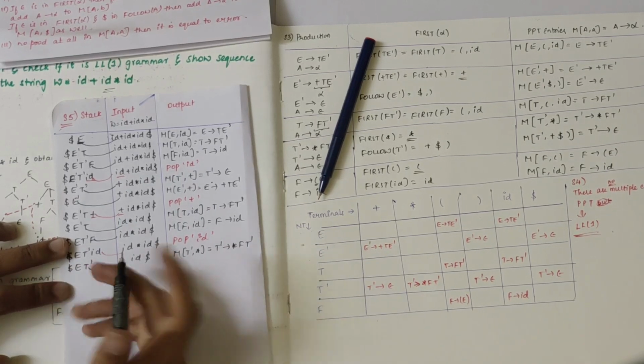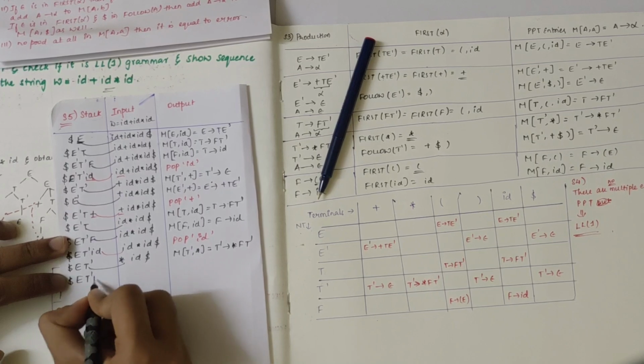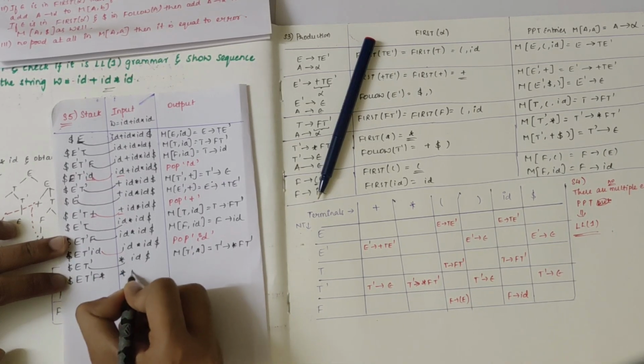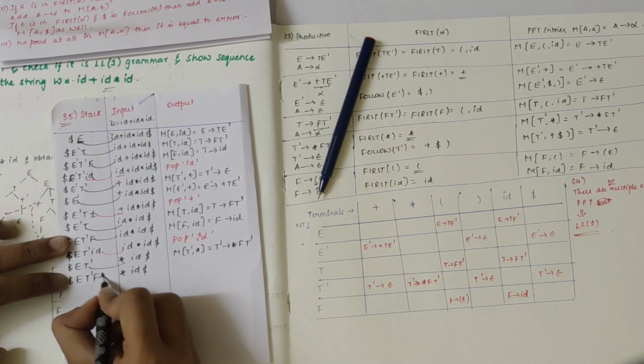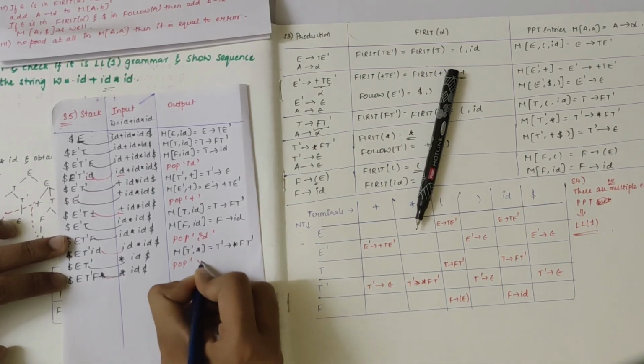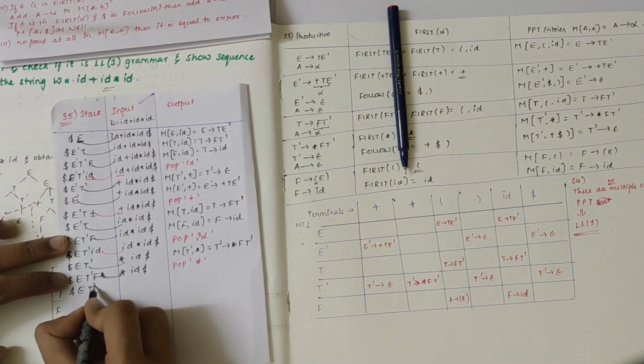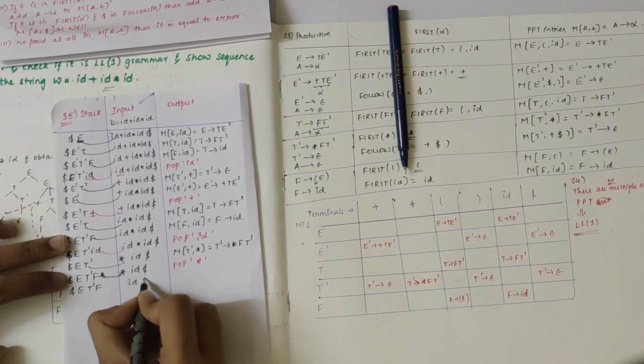So writing this here again: $E T dash F star ID dollar. Star, same symbol, so pop star. Next is $E T dash F ID dollar.